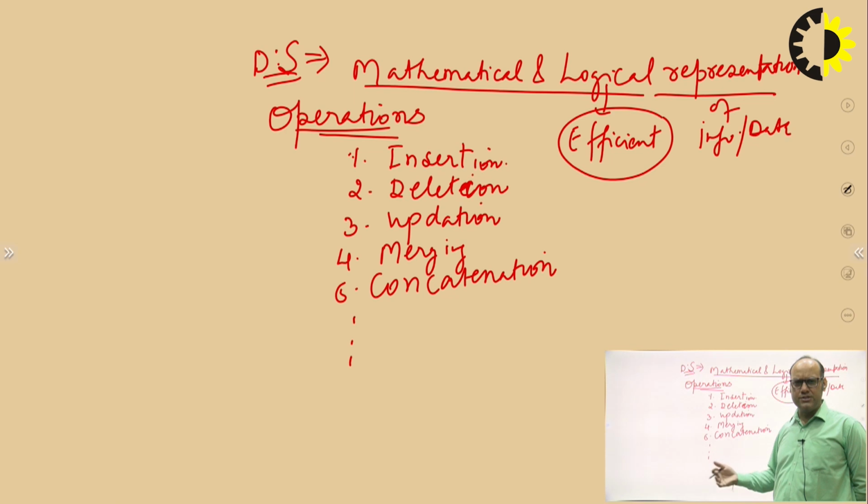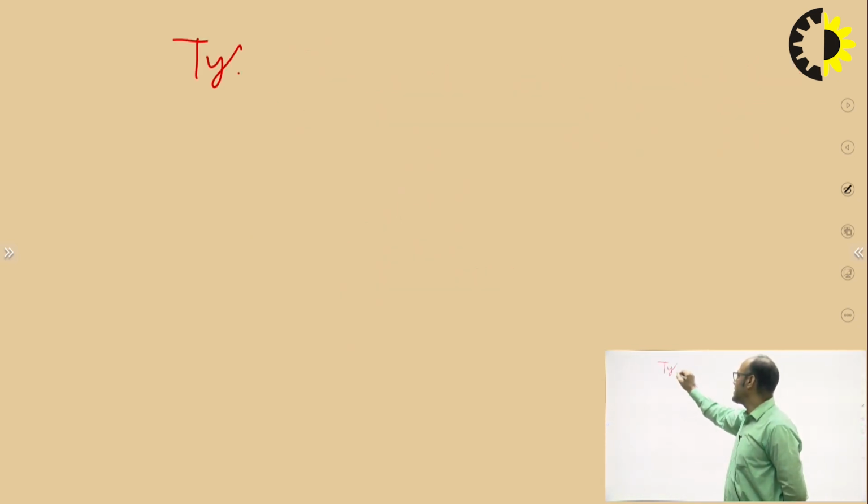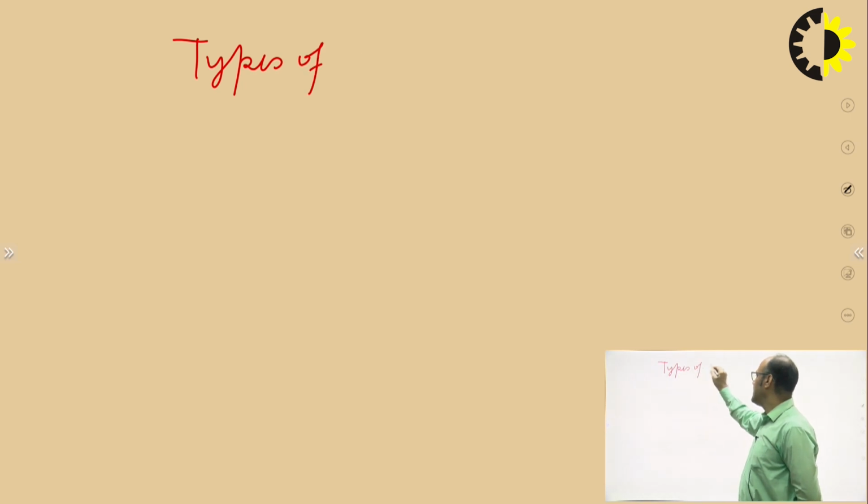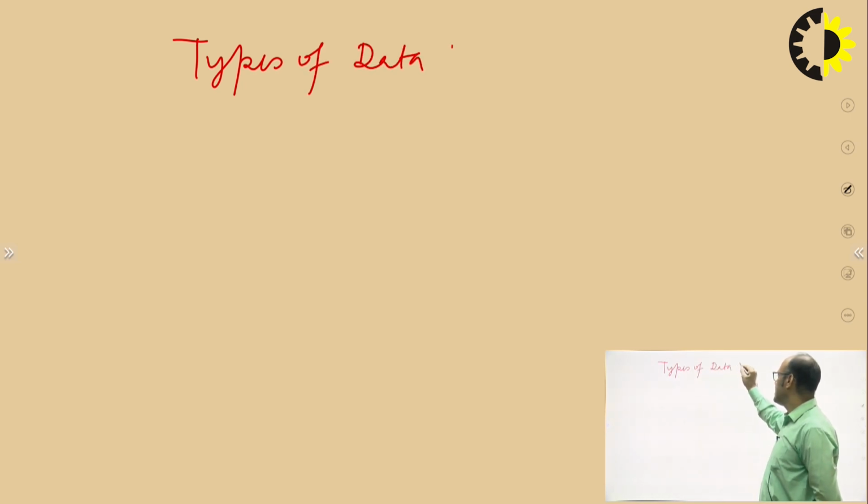Several operations are there, so to perform those operations we need an appropriate way to keep the data. So we need to study data structures. Now next comes the types of data structure.